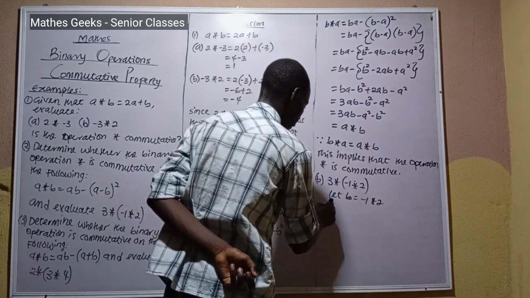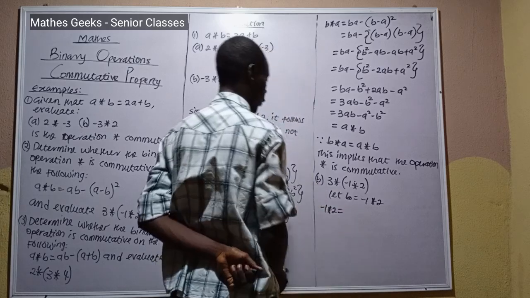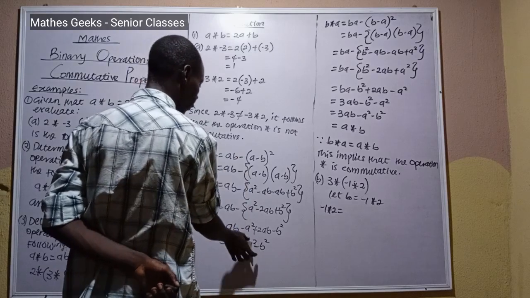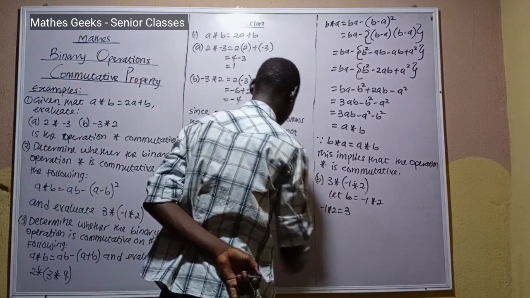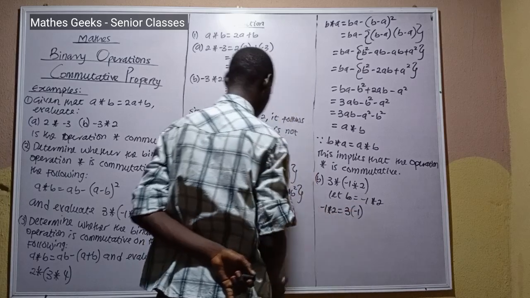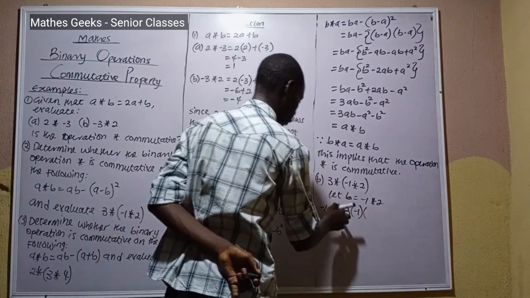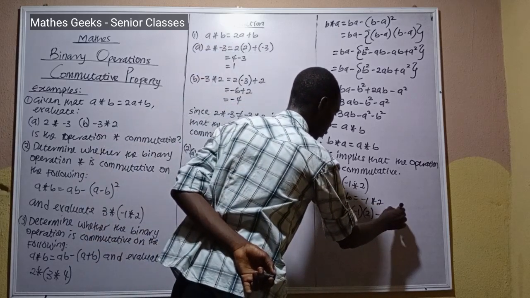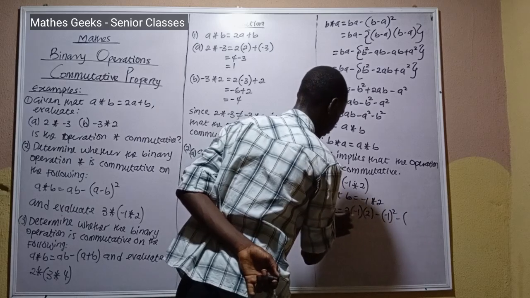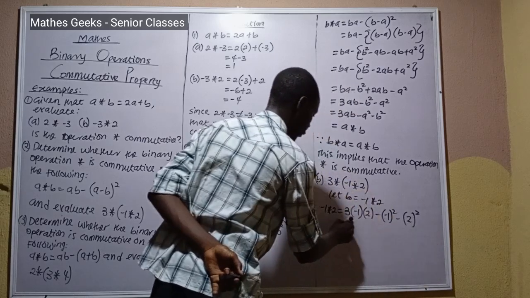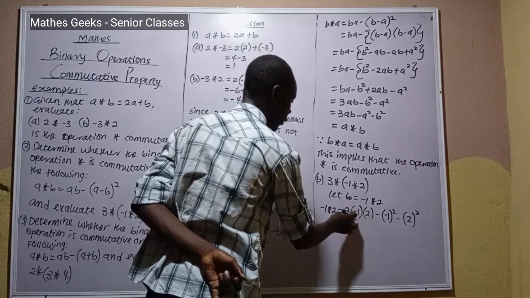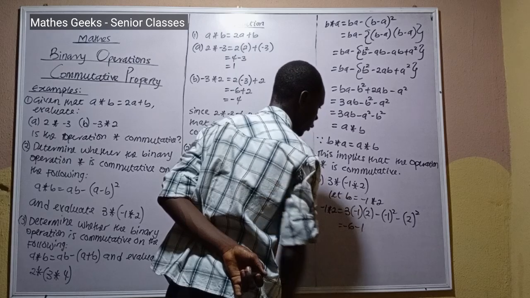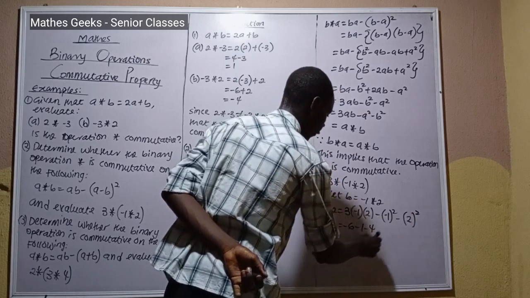Using the simplified formula, 3 times A, which is minus 1, times B, which is 2, minus A squared, minus 1 squared, minus B squared, which is 2 squared. Then minus 1 times 2 is minus 2, times 3 is minus 6. Minus 1 raised to the power 2 is 1. 2 raised to the power 2 is 4.